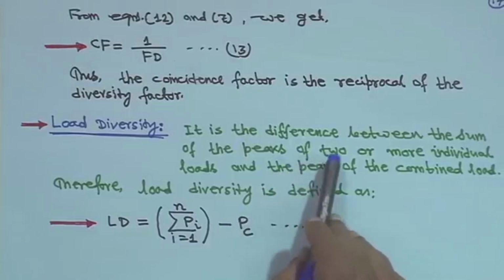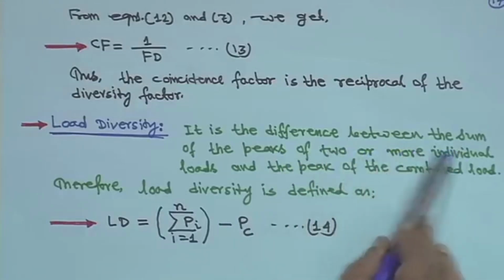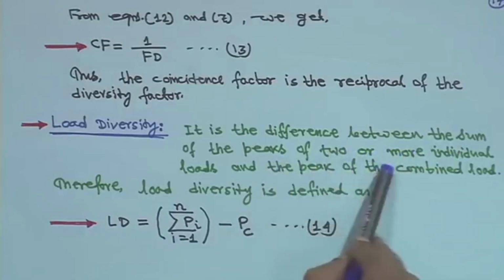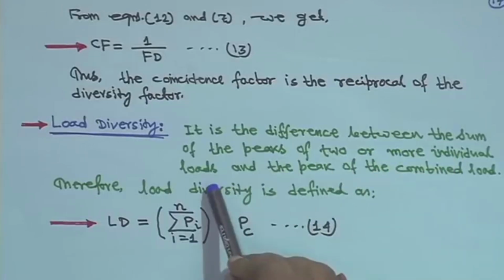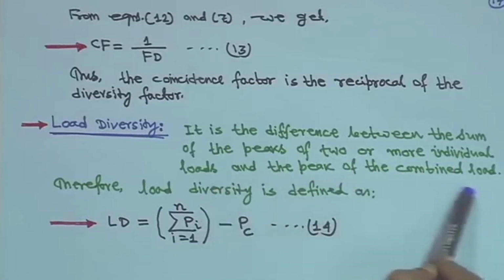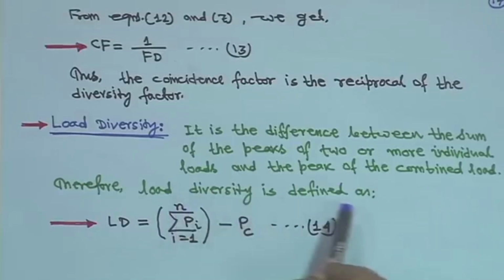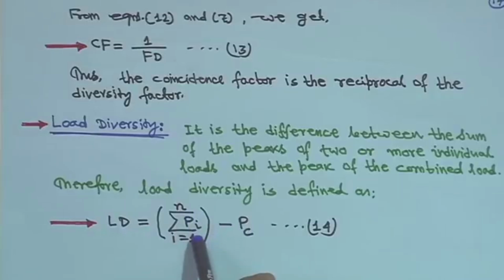It is the difference between the sum of the peaks of two or more individual loads and the peak of the combined load. Therefore, we define load diversity by LD equal to sigma i equals 1 to n Pi minus Pc. This is equation 14.